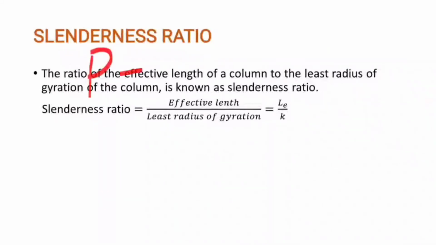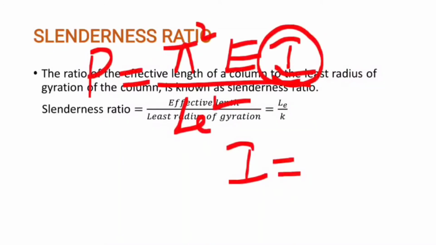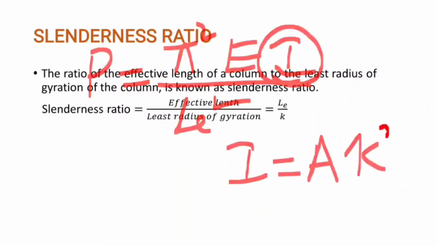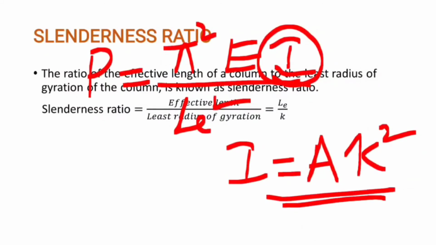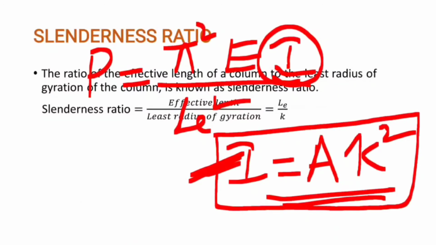Actually, the critical load formula is pi square EI by LE square. But moment of inertia is A into K square. This is the formula for moment of inertia, which we can see in engineering mechanics. I is equal to A K square or A R square.